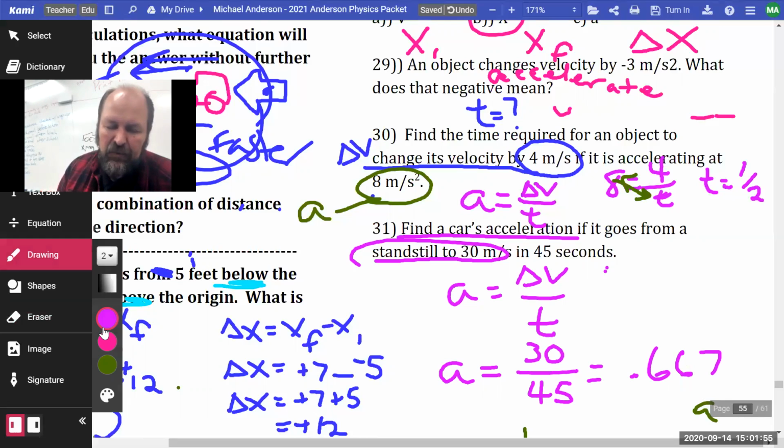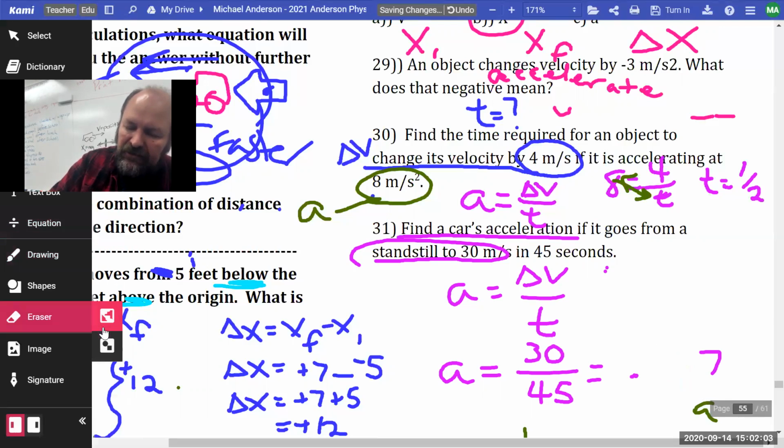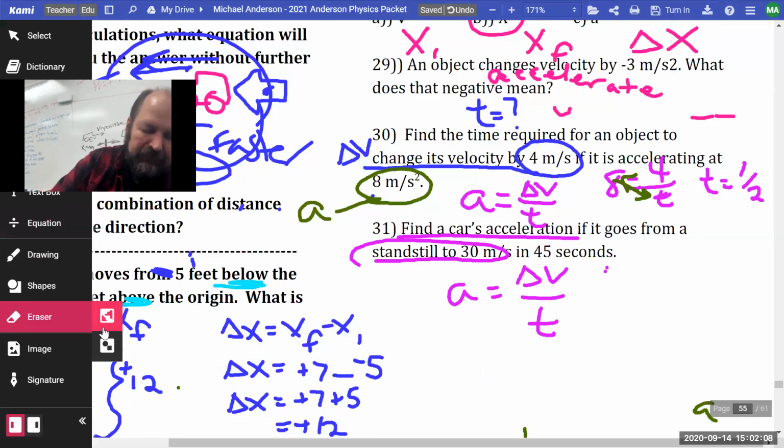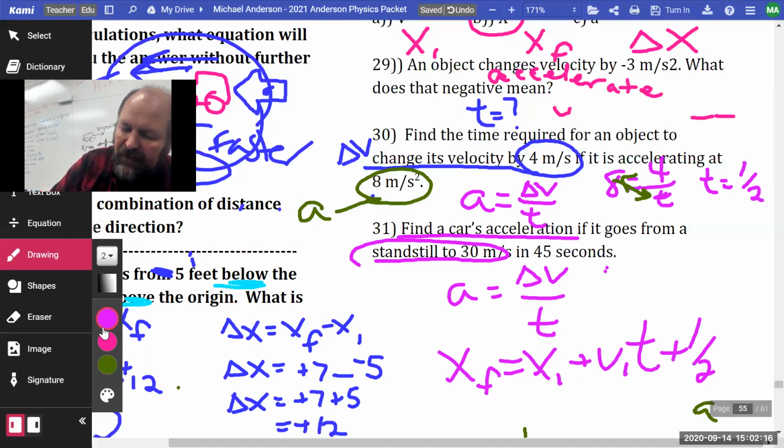Okay, I think that the questions in Schoology have a couple more to it that use the long equation. So let me write that down right now, just in case you have forgotten what that long equation is. That is x sub f is equal to x sub i plus v sub i t plus 1/2 a t squared. So the x sub f is the final location.